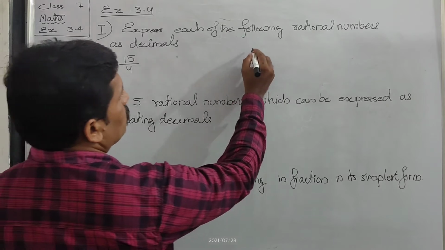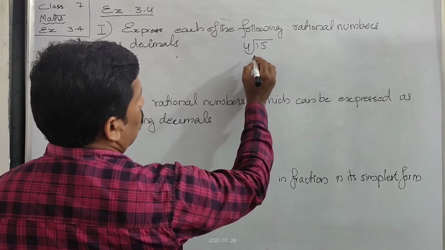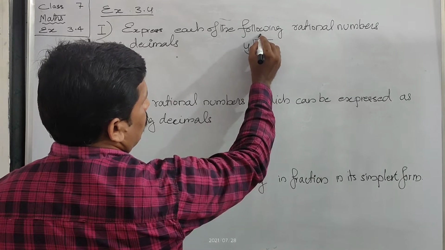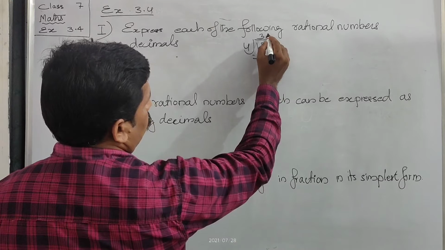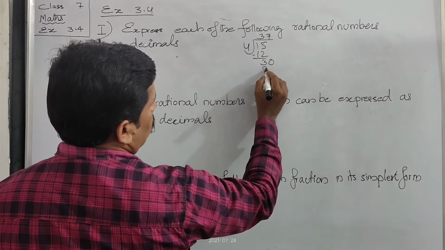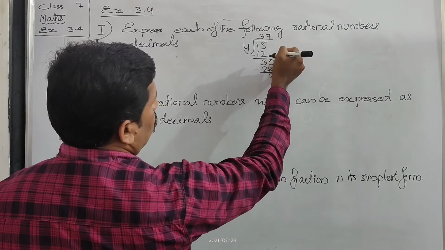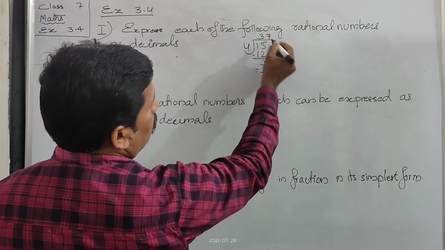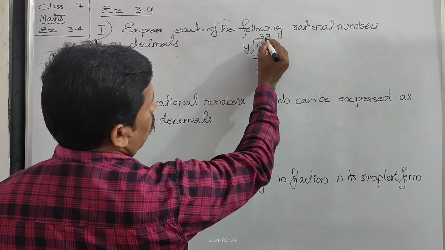So here numerator is 15. 15 divided by 4. Then 4 3s are 12. Remainder 3, 30. 4 7s are 28. Remainder 2. And here you know that when we place the 0, we must put the point here.